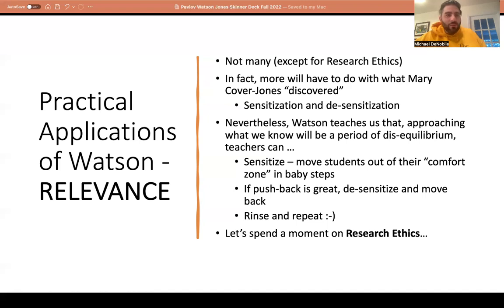If you're going to modify a certain behavior, or try to modify a certain behavior, you need to desensitize and move back as much as possible. But also, the whole point is that you're doing it in baby steps for whatever that behavior modification may be. And in some cases, behavior modification is appropriate, and we'll see as we move on.